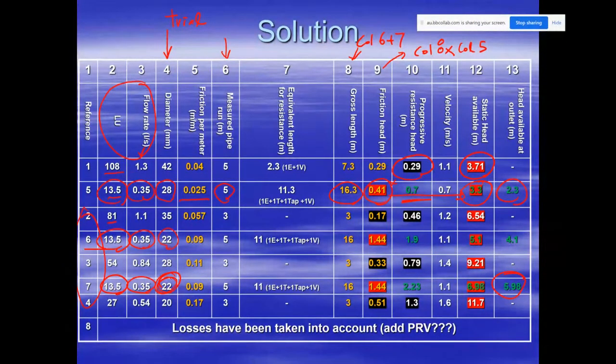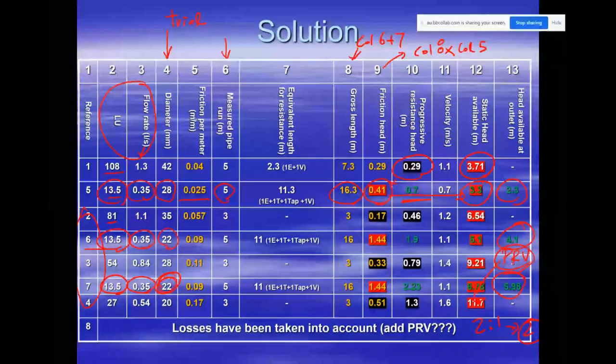We may consider the use of a PRV, pressure reducing valve. For marginal, I accept. If I use the 2:1 PRV, that means the discharge pressure may be dropped to the 2 meter head only. And then start the calculation again.